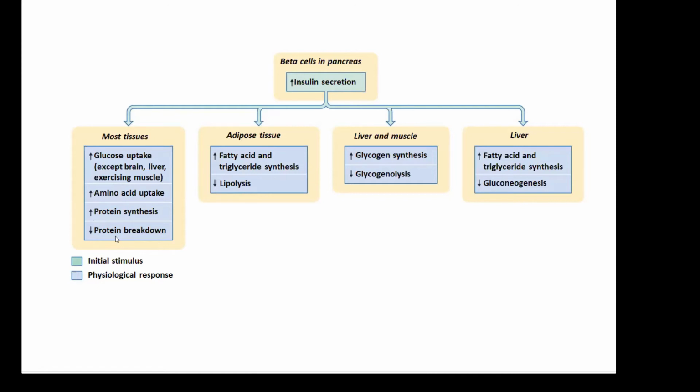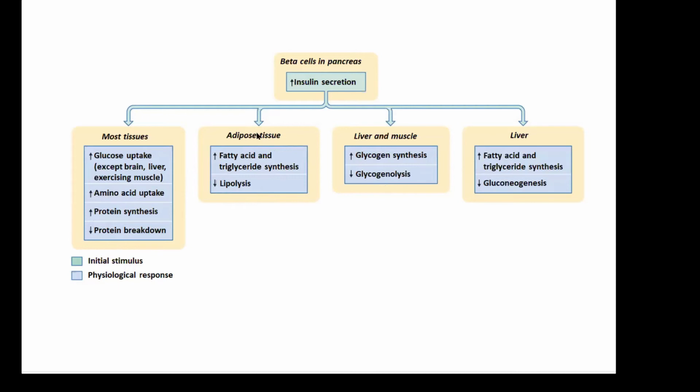You don't want to break down your muscles if you've got plenty of energy. In our adipose tissue, we're going to be increasing our fatty acid and triglyceride synthesis. So we're storing stuff as fats and stopping breaking down fats. So lipolysis goes down. In liver and muscle cells, we're making glycogen, so we stop breaking it down.